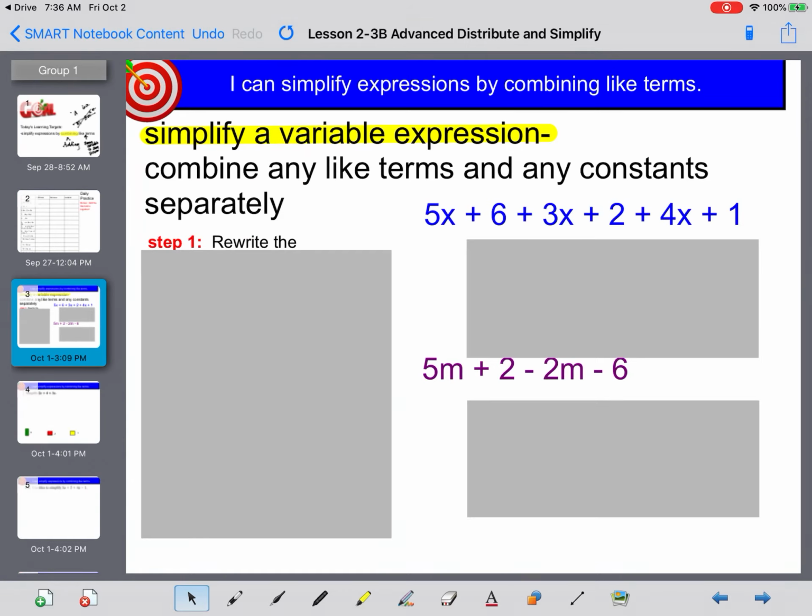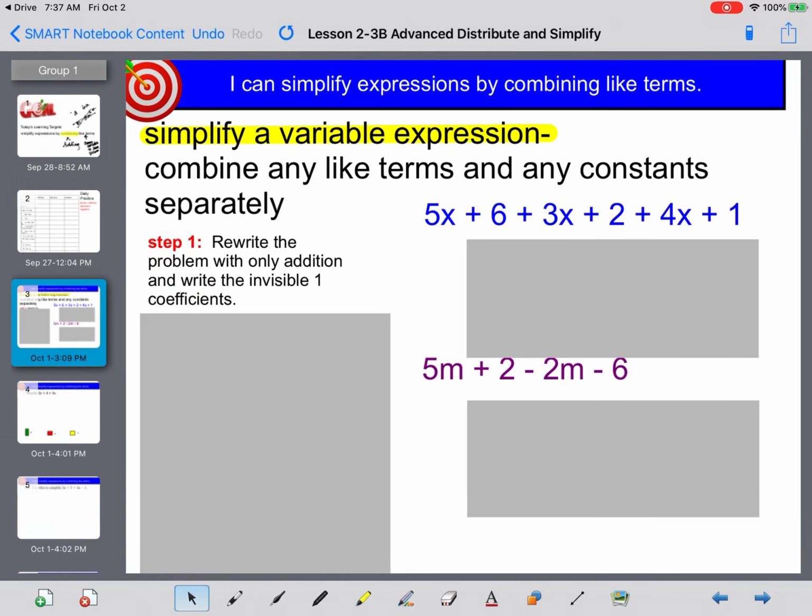So in order to simplify a variable expression, you simply combine any like terms and any constants separately. So what you're going to do, step 1, rewrite the problem with only addition. So change any subtraction to adding the opposite. Also write in the invisible 1 coefficients.